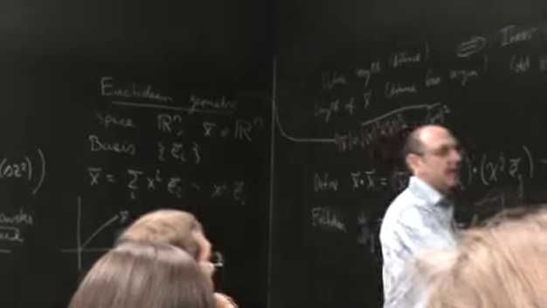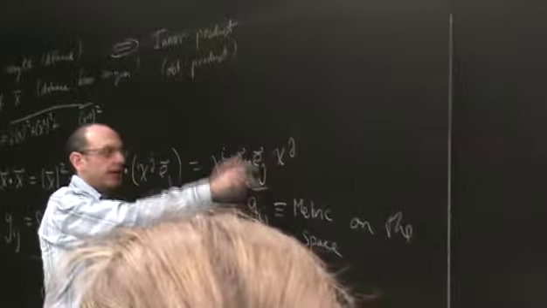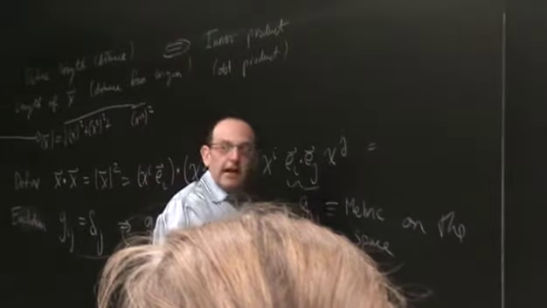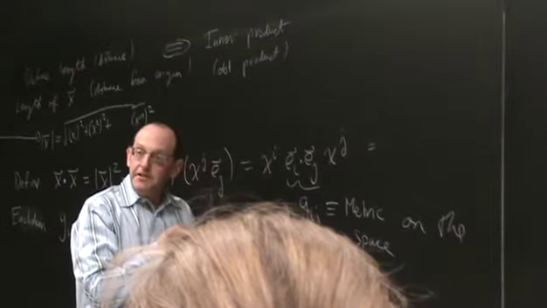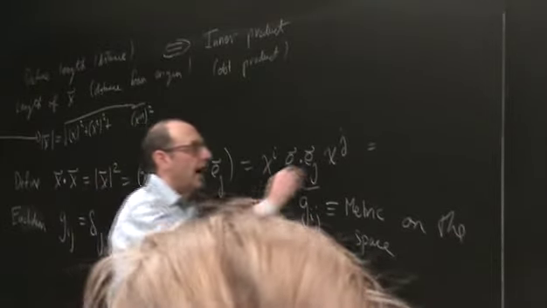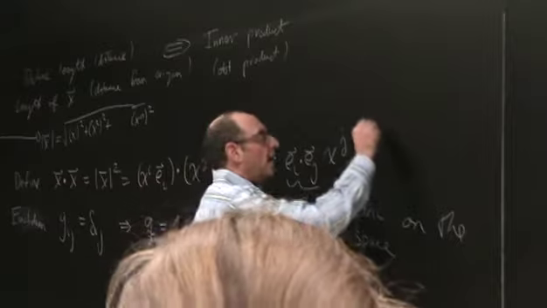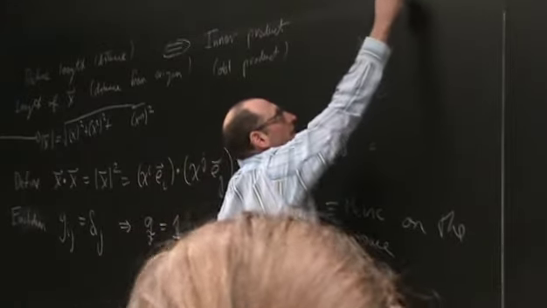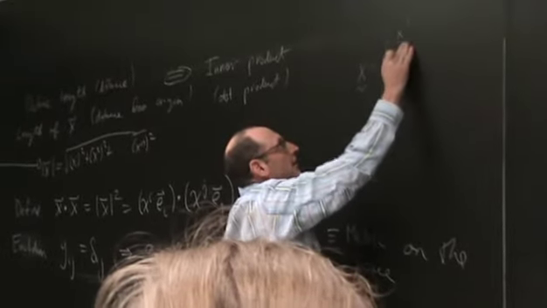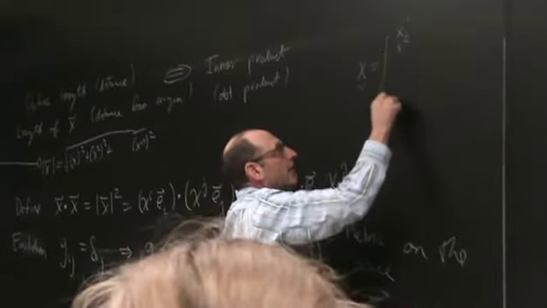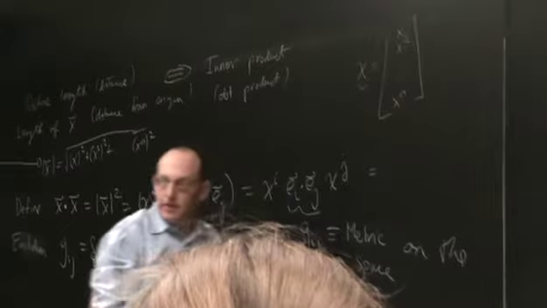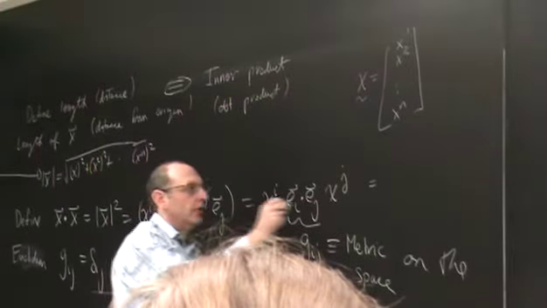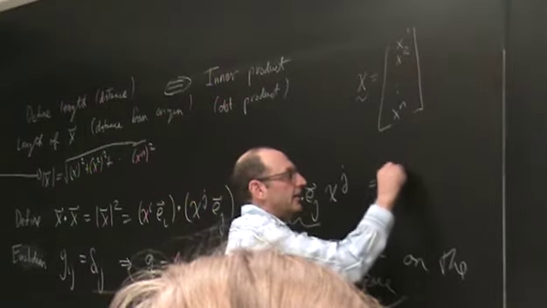Now here, I can rewrite this if I like, as matrix multiplication, where I can have a vector with these guys, in which case this summation could be rewritten.